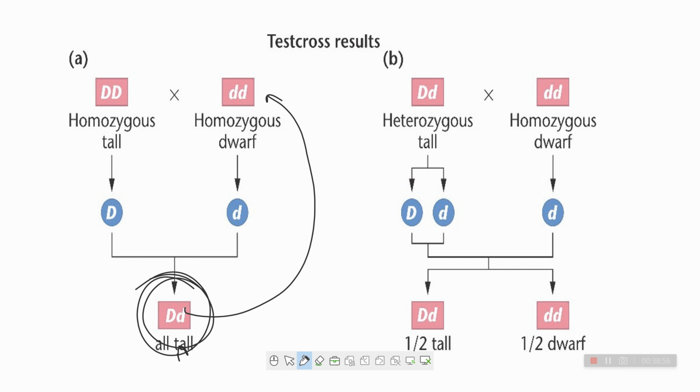Then tall and dwarf both will be there, meaning this offspring is heterozygous in nature. Remember one thing, in test cross, we cross with only the recessive parent, right? Not with the dominant parent. Whereas in back cross, we cross with both the recessive and the homozygous dominant.